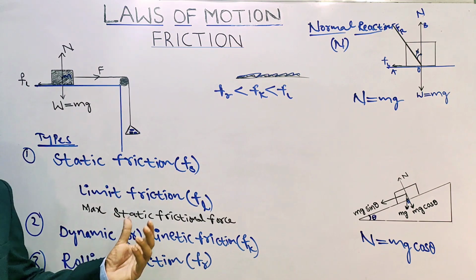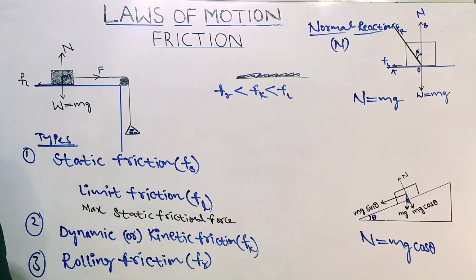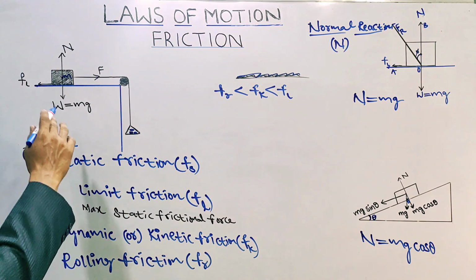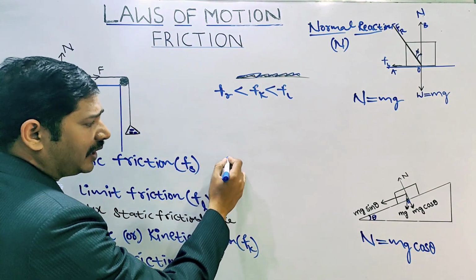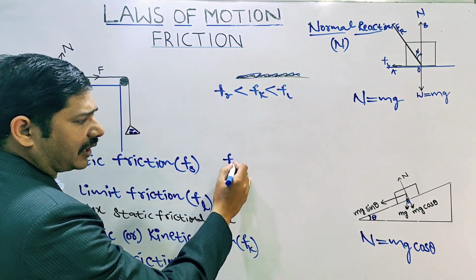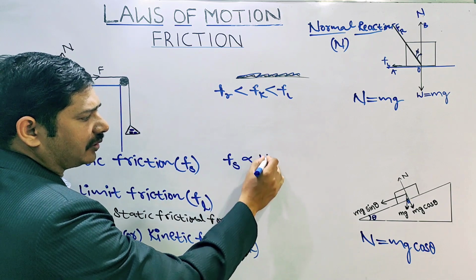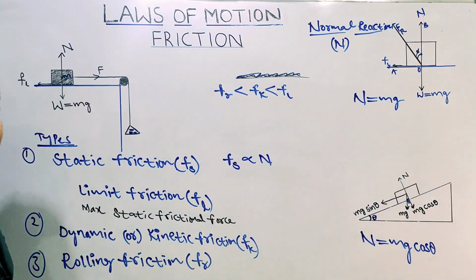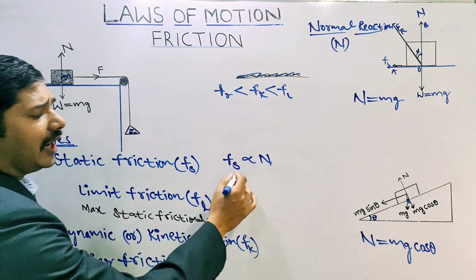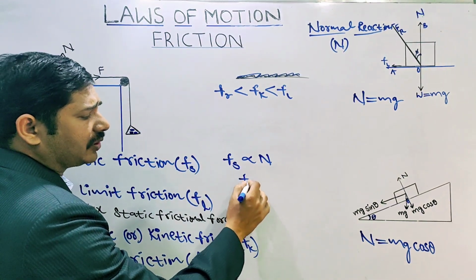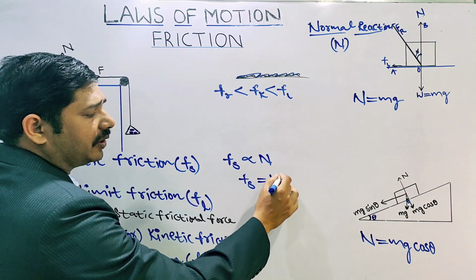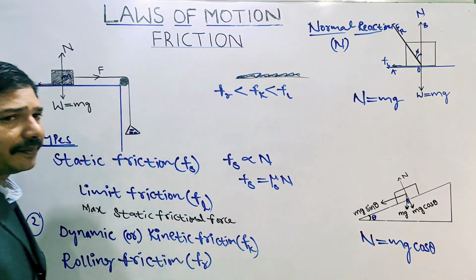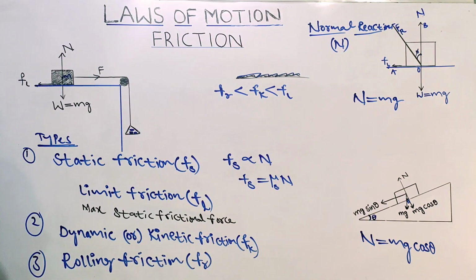Static frictional force is directly proportional to the normal reaction. So Fs is directly proportional to N. To remove the proportionality symbol, I take a constant, which is mu s.